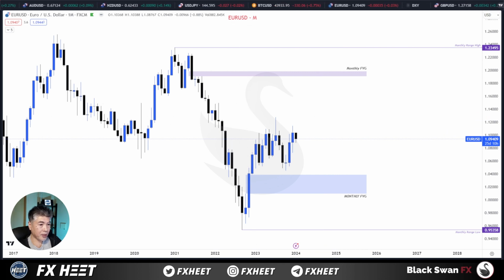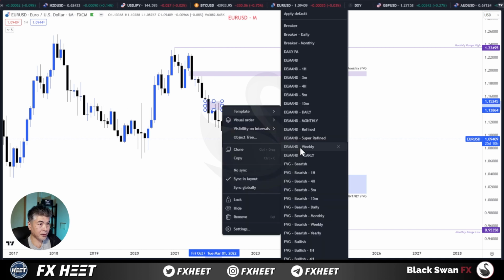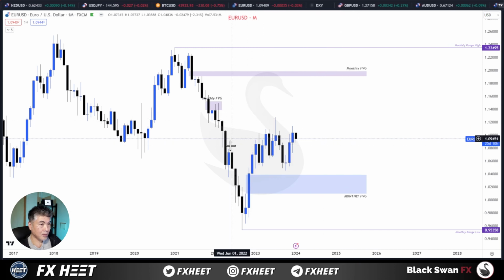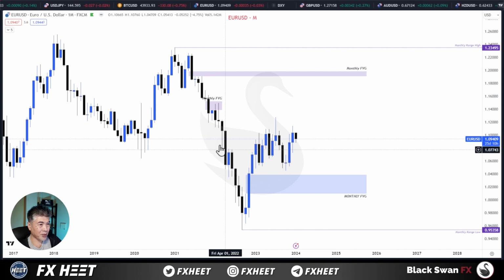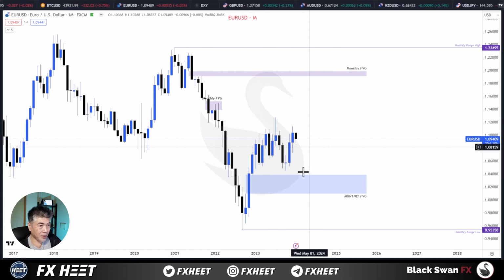There's a fair value gap here, but as you can see, it's been filled. And a small little gap here, but it's already gone through it so many times, I don't think it's worth marking. And that's really about it.